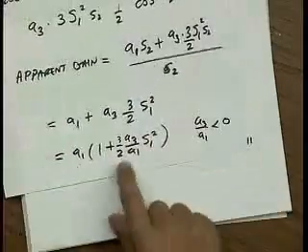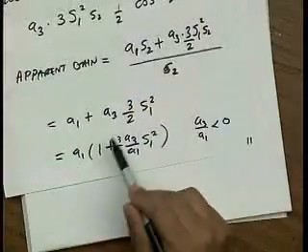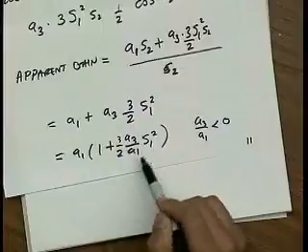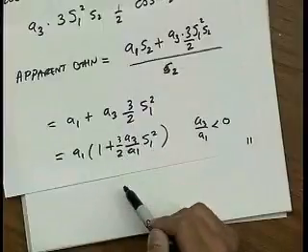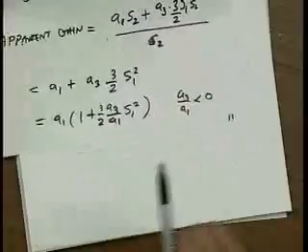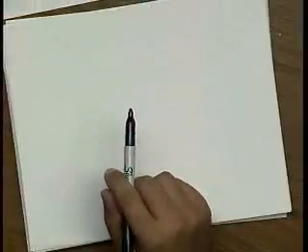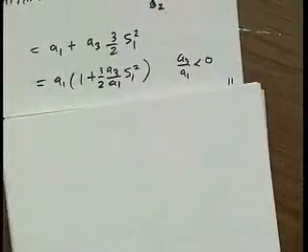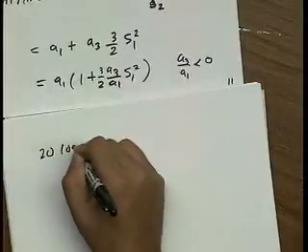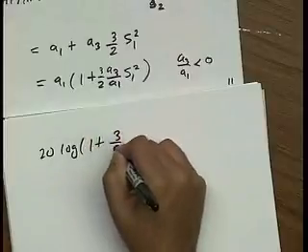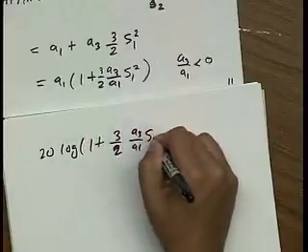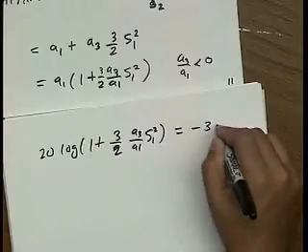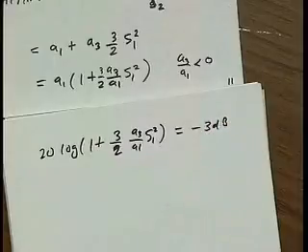Okay. Let me see what I wanted to discuss. Oh yeah, we should also finish this discussion up. You can see that this term here again has a very familiar format. It's proportional to some factor times A3 over A1. So let's find when this gain drops by 3 dB. Let's solve for 20 log of 1 plus 3/2 A3 over A1 S1 squared, and make that basically minus 3 dB.